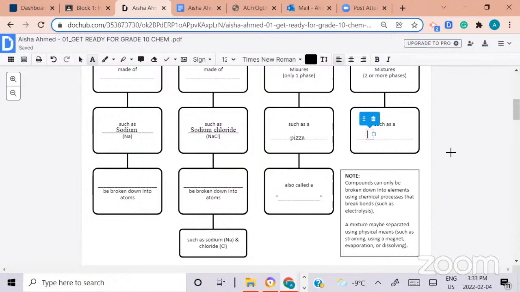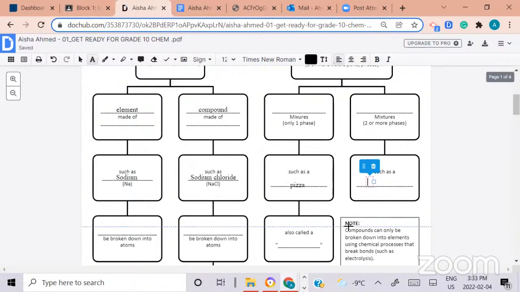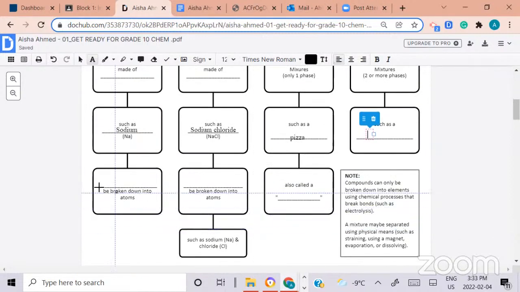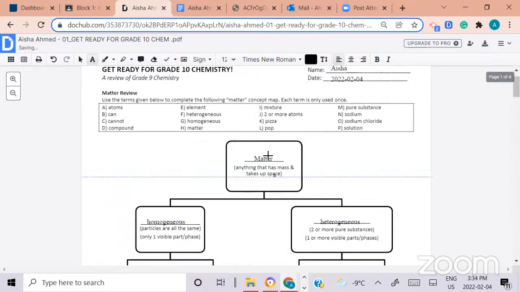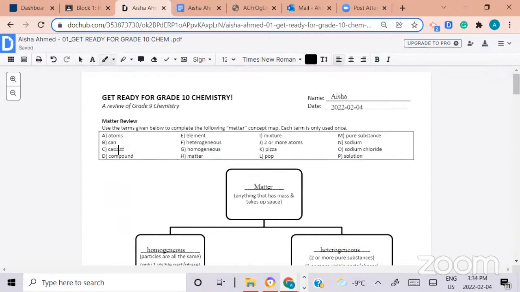Where will the can and cannot be? Oh, I know. Where it says be broken down into atoms, you would put cannot, right? Because a single atom of an element cannot be broken down into atoms, and then sodium chloride can be broken down into atoms.